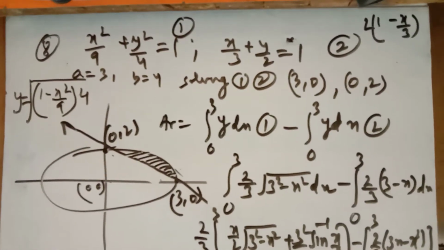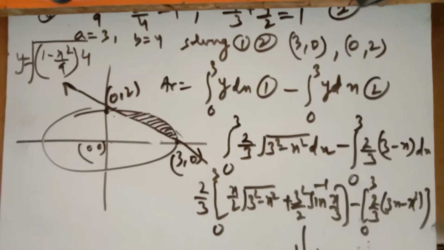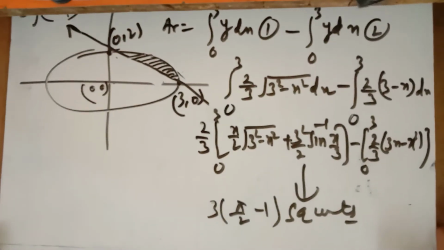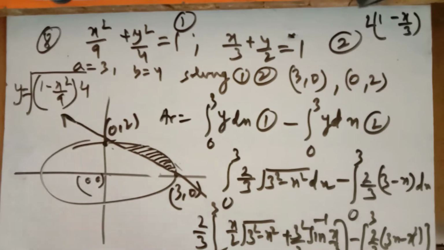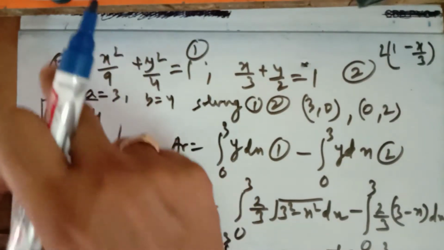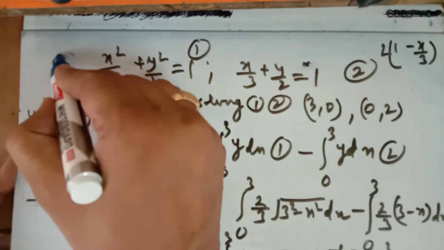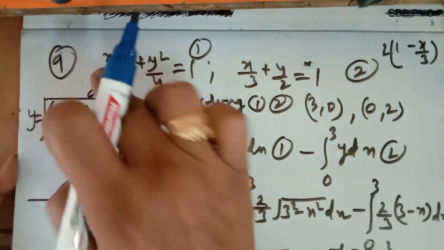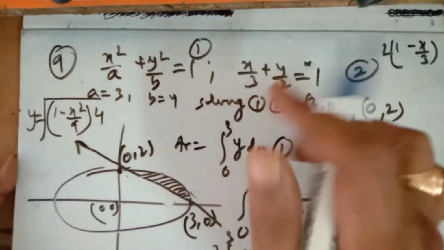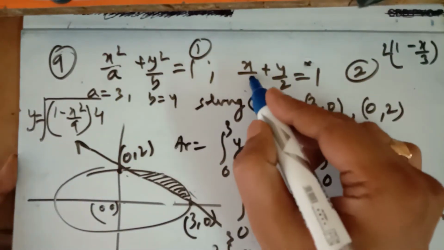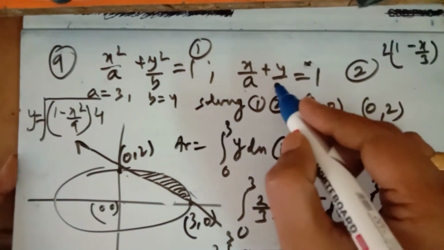Question number 8 of your miscellaneous exercise. Now question number 9 is just the same, but instead of 9 and 4 we have a square and b square. Here we have a, here we have b, again a, and this is b.